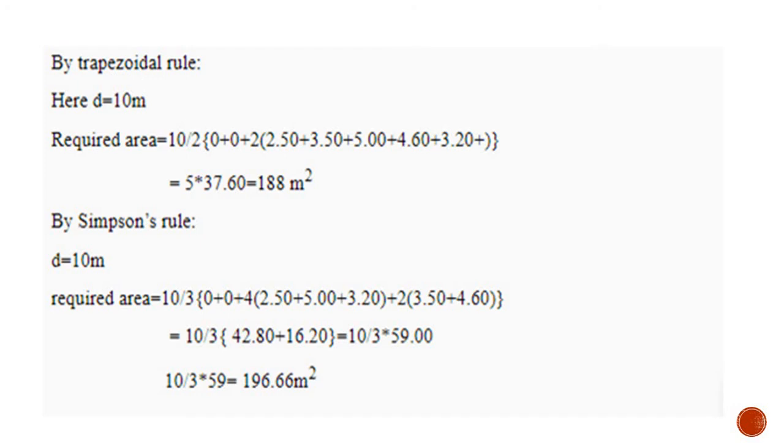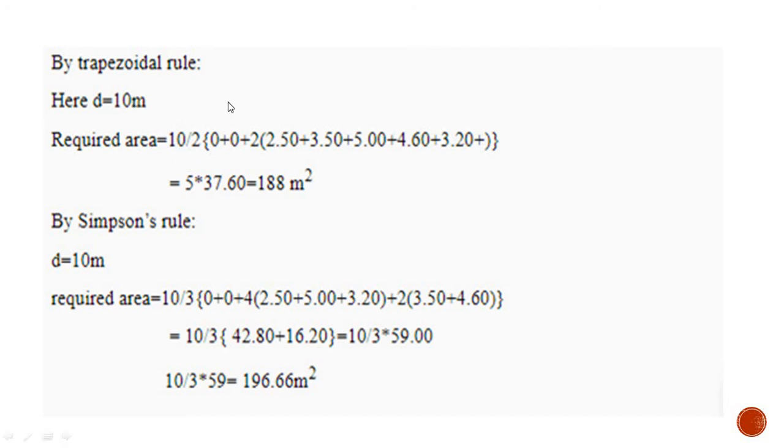So in trapezoidal rule, we can get the required area by taking the sum of first ordinate and last ordinate plus 2 times the remaining ordinates or intermediate ordinates, multiplied with half of the common distance. So here the common distance is 10 meter.